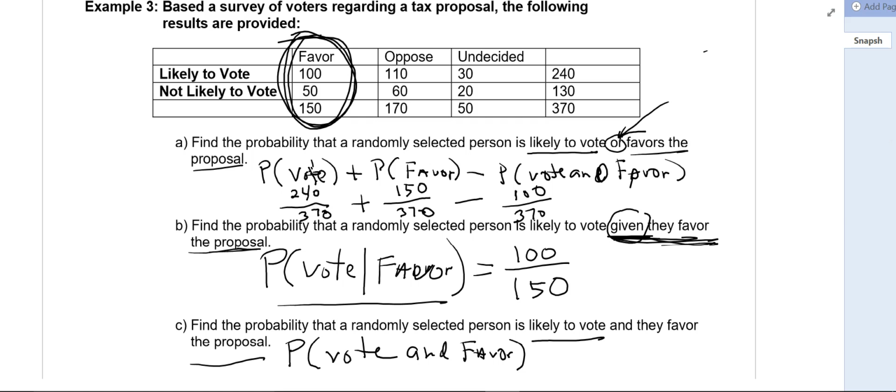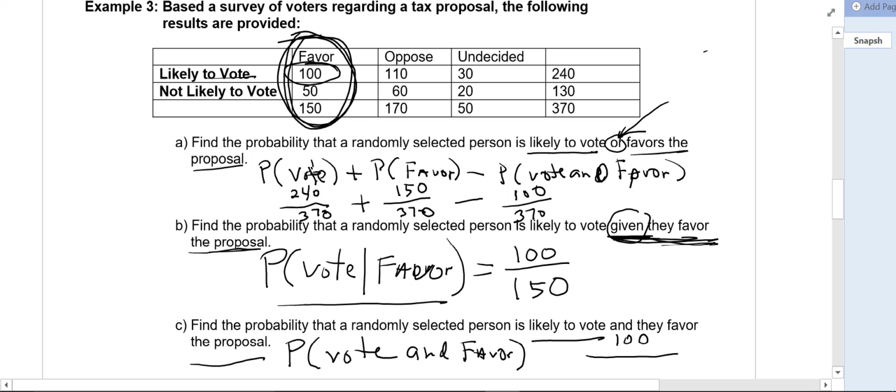All right, vote and favor. Notice we do not know any additional information. How many people in this survey vote and are in favor? So that you're likely to vote and you're in favor, 100.